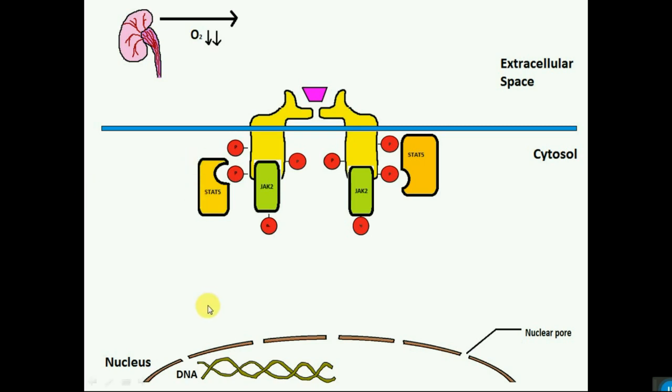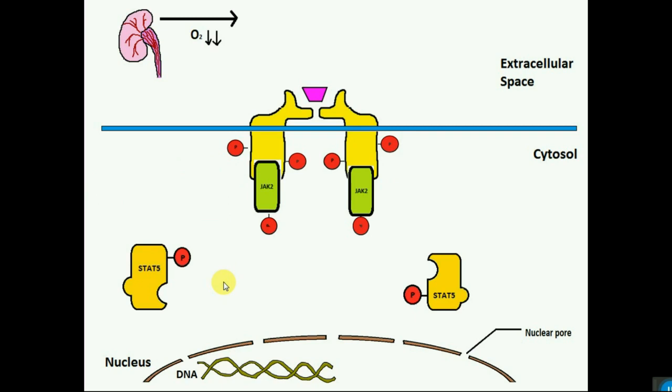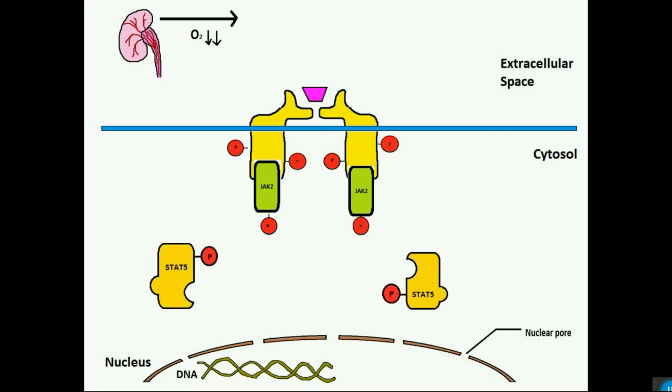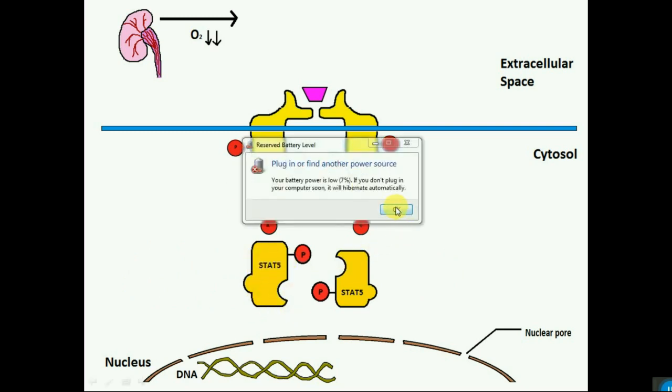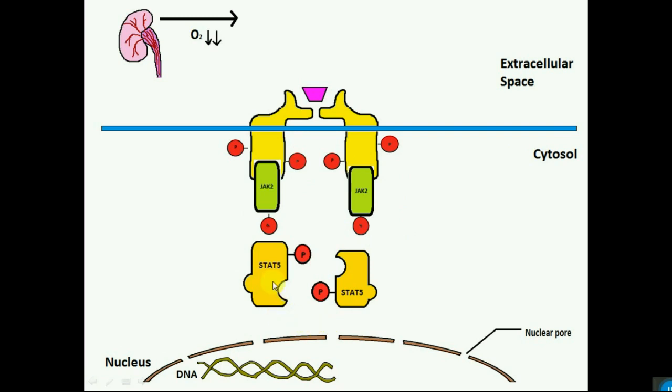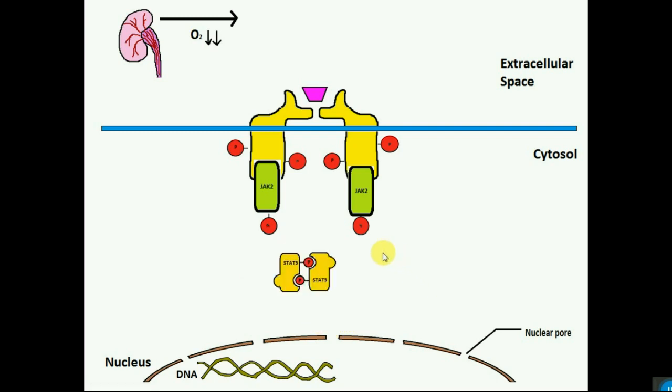Now they are released to the cytosol of the cell, and now the phosphorylated STAT5 molecules move towards each other, and the phosphate group of each STAT5 molecule will now bind to the SH2 domain of the other STAT5 molecule, and this binding will form a homodimer.